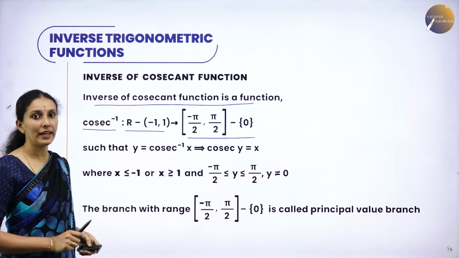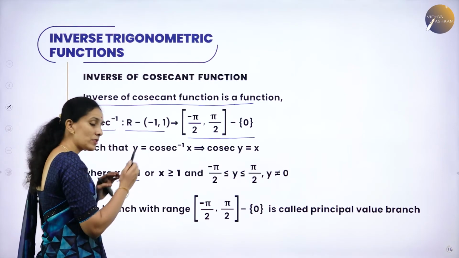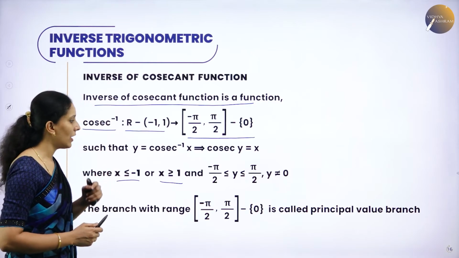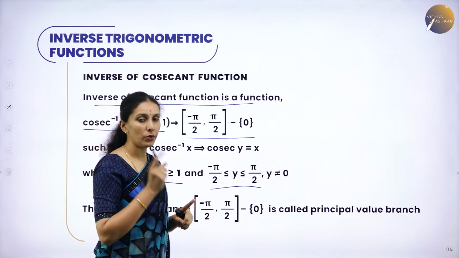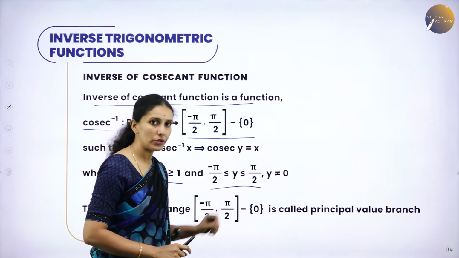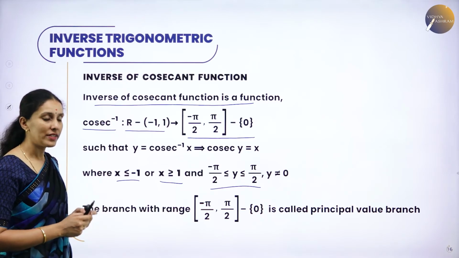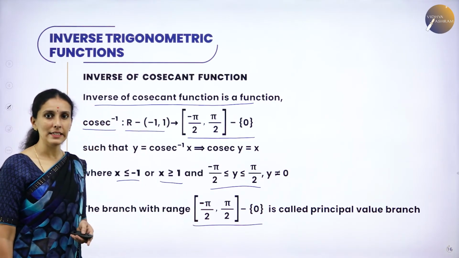As I defined in the case of secant, here also x can have values less than -1 and greater than 1. Similarly, the range lies between -pi by 2 and +pi by 2 except y equal to 0. The principal value branch for cosecant inverse is [-pi by 2, pi by 2] minus {0}.